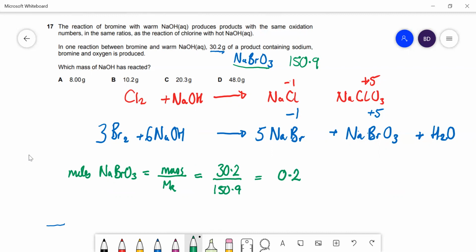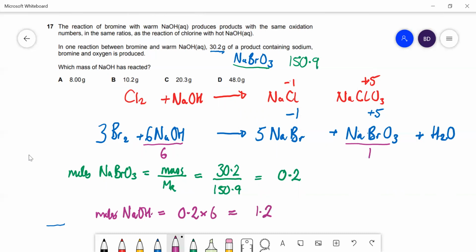Now look at the ratio. We've got a ratio here of 6 moles of that giving 1 mole of the bromate. So the moles of sodium hydroxide is going to be 0.2 times 6, which is equal to 1.2 moles. We need to work out the mass.